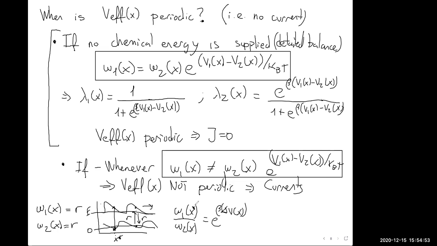Okay? So at this point, let me call this x star. At x star, the ratio between this jump and this jump should be e to the beta E. But now, if I put R and R, R divided by R is 1, it's not e to the beta E. So this won't happen.